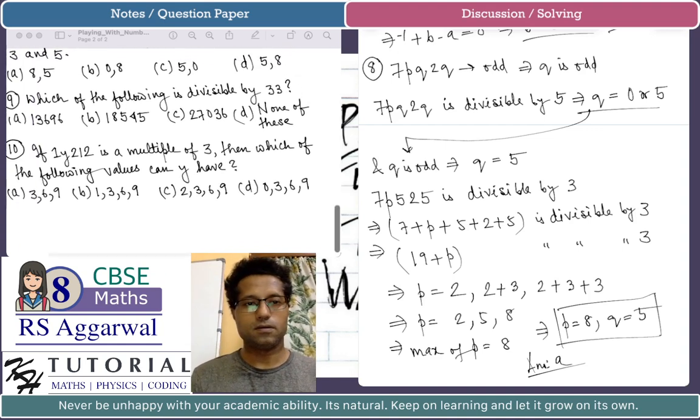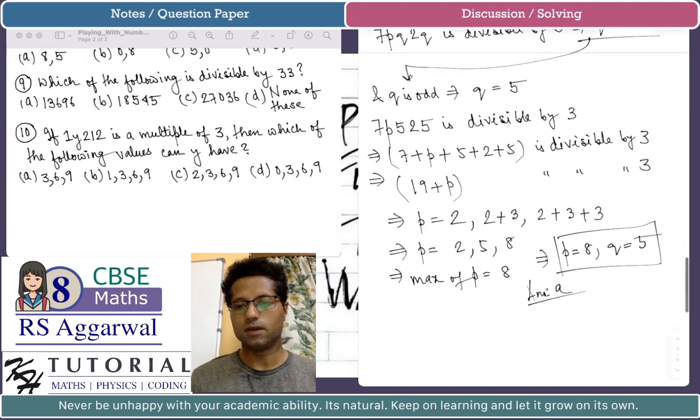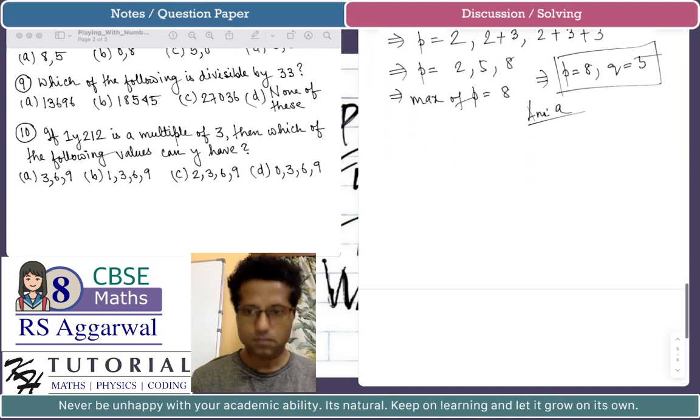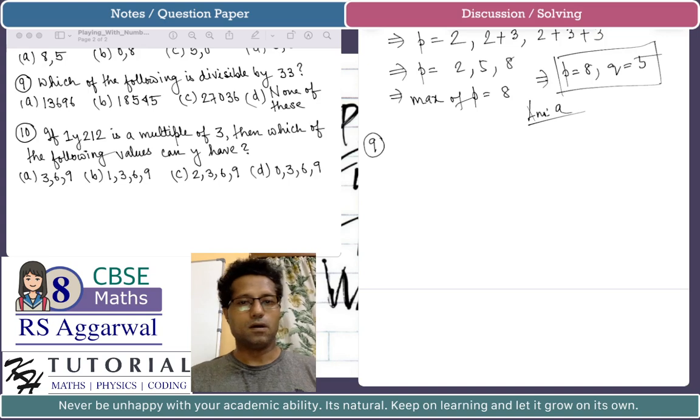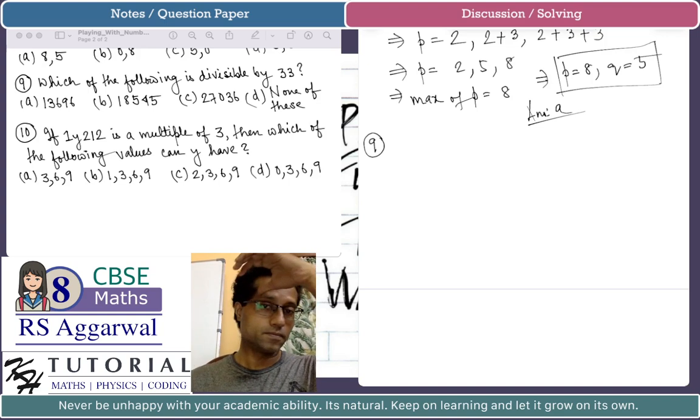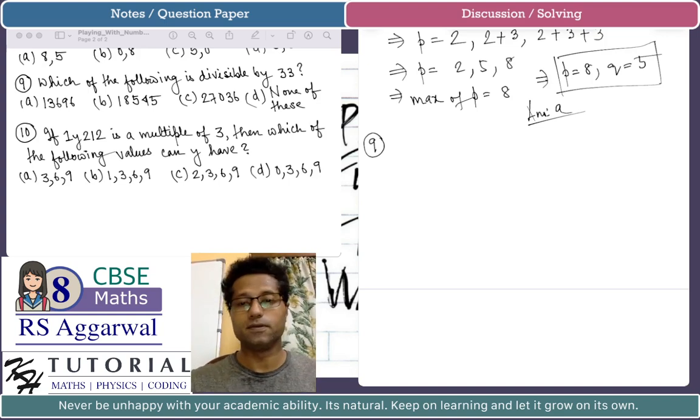Okay, let's do problem number 9. It is given: which of the following is divisible by 33? We have to check which of the three numbers is divisible by 33.